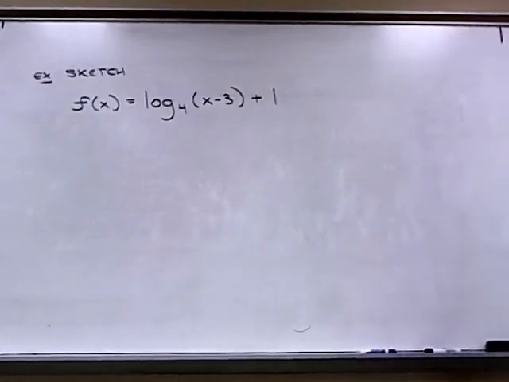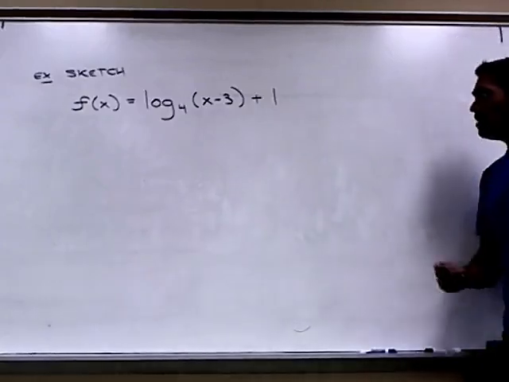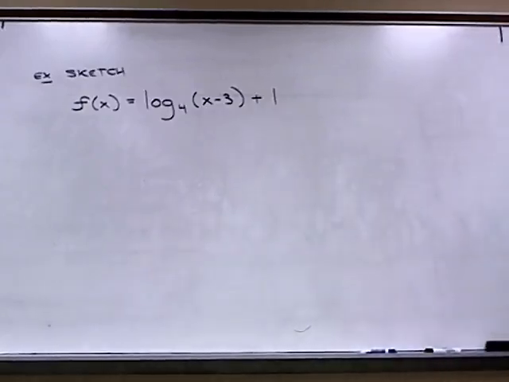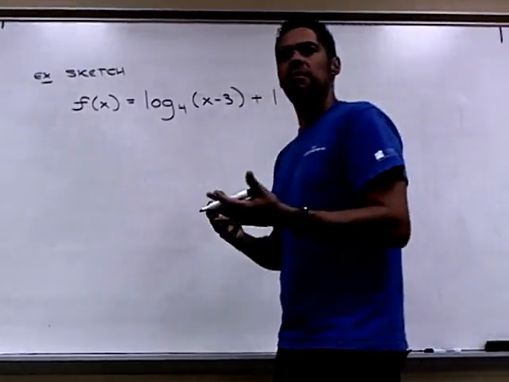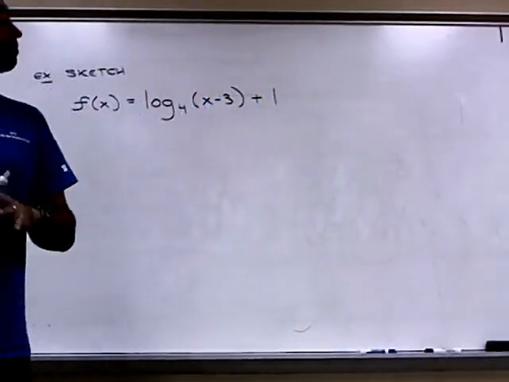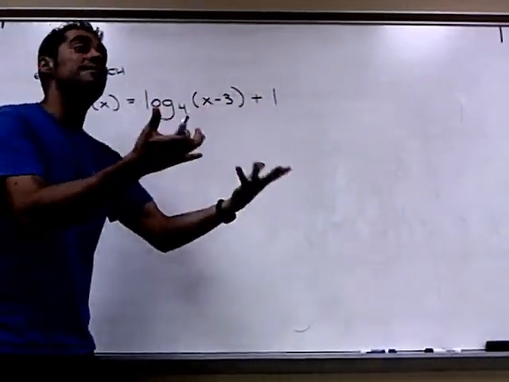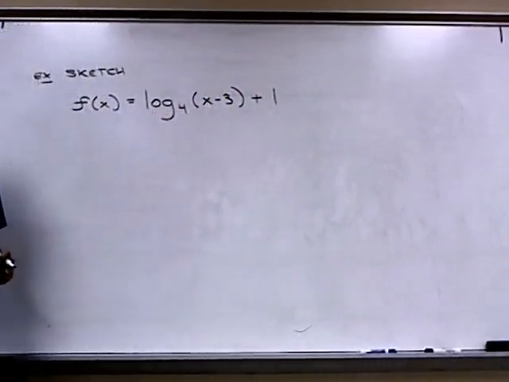What have I done here? What is that minus 3 inside there going to do? It's going to shift it, right? What does the plus 1 do? It's going to shift it. But what's it going to shift? Right 3. Okay, right 3, not 1. But what is it that it's shifting? That log, right? The log base 4.